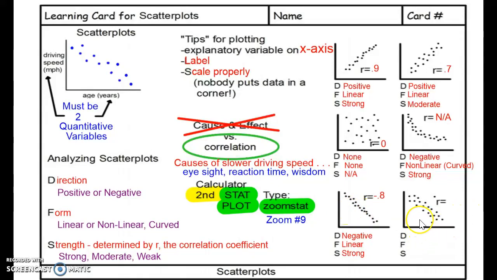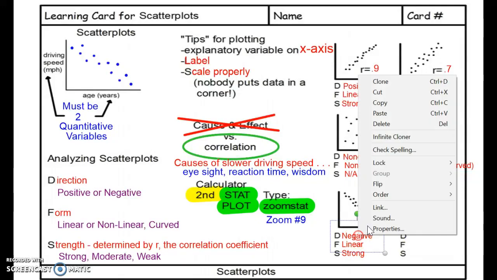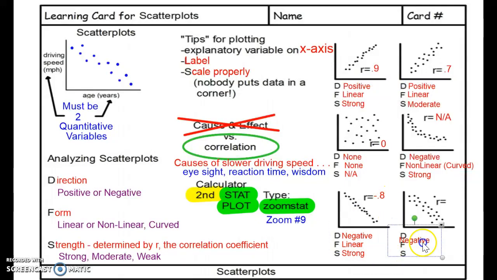And then we come to our very last one. There are a few things that I can look at here. The first thing I can tell is that it is definitely negative. So this is going to have a negative direction. It looks pretty linear to me, so I'm going to say that it's linear. I don't see any curve to this.